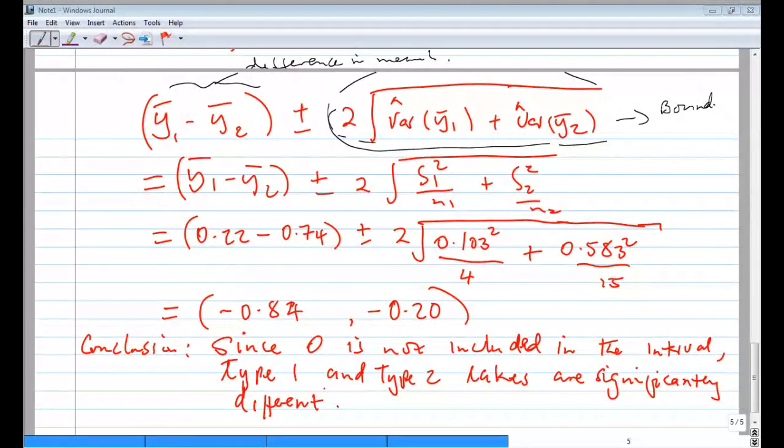Okay, yeah, because 0 is not included. Type 1 and type 2 lakes are significantly different. Now, the difference can be anywhere between these two values, between minus 0.84 and minus 0.20. So there is a difference.